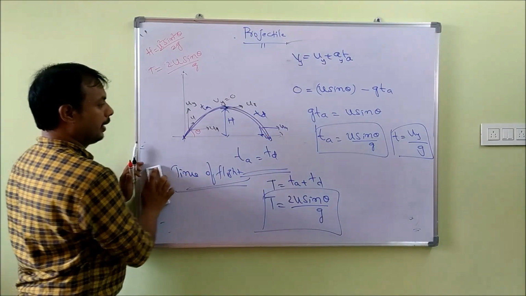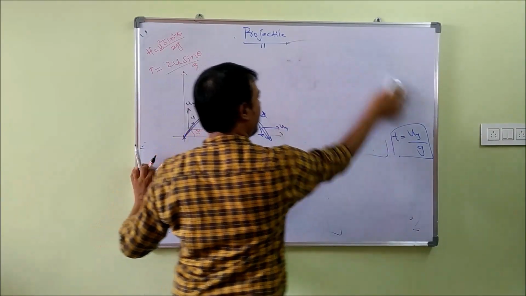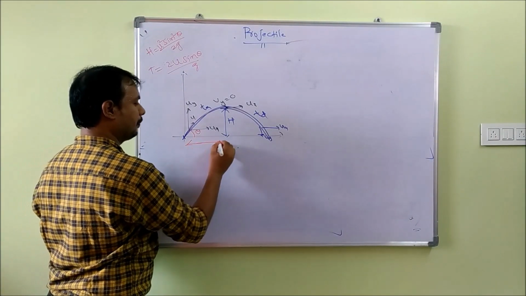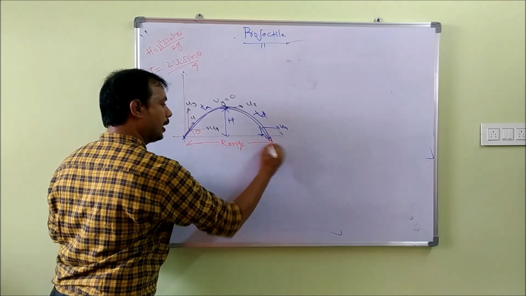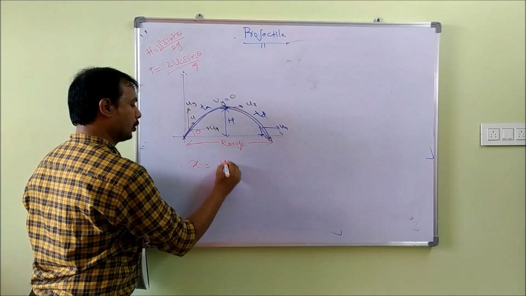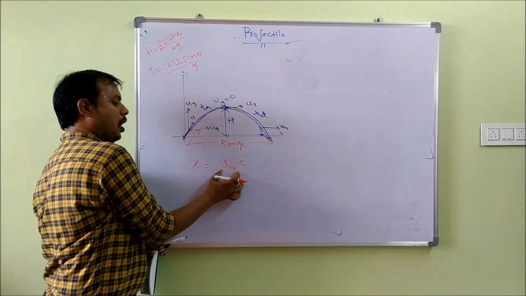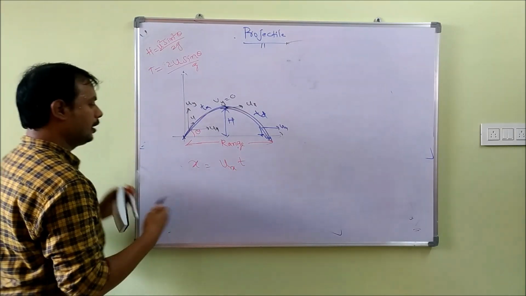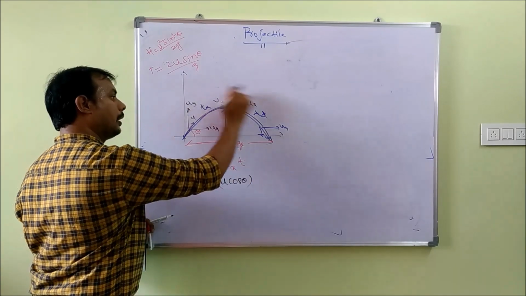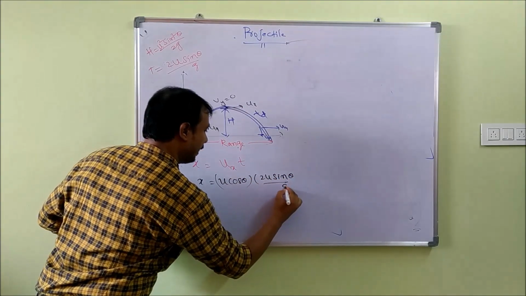Now I am calculating range. What is range? Range is nothing but the horizontal distance covered by the body. Already I said, range x is equal to ux into t, horizontal velocity into time. Horizontal velocity equals u cos theta, and total time is 2u sin theta by g.